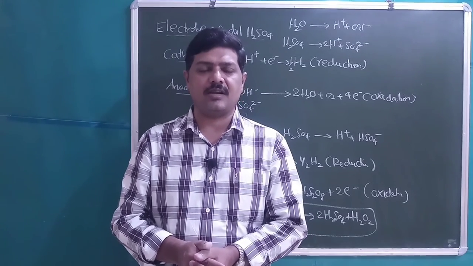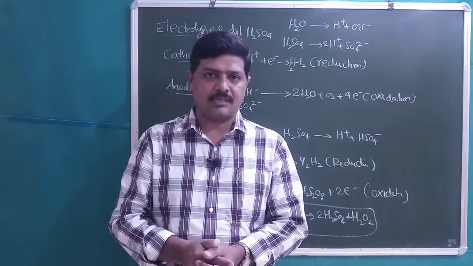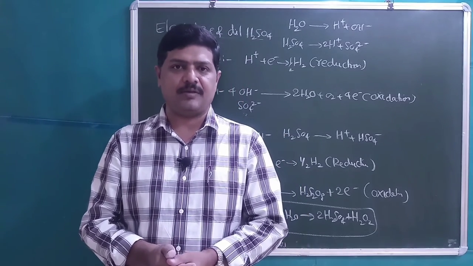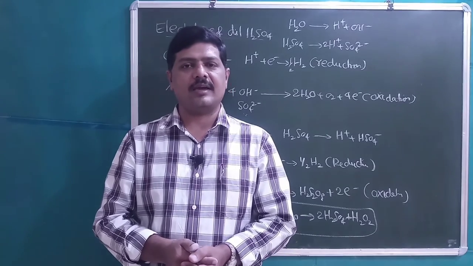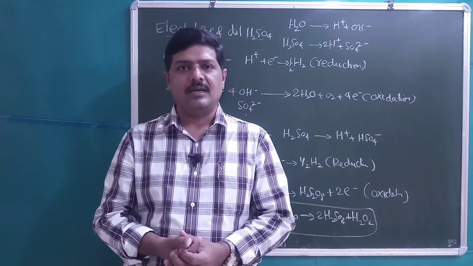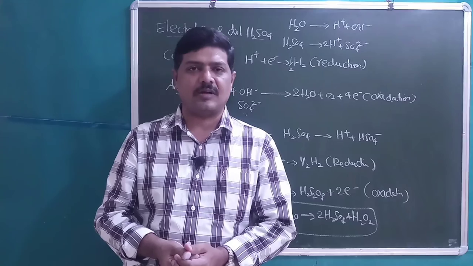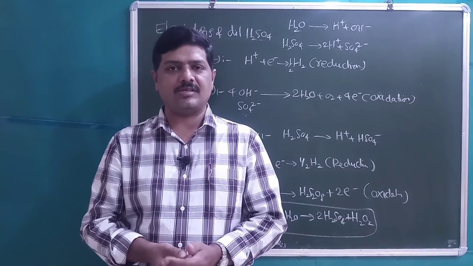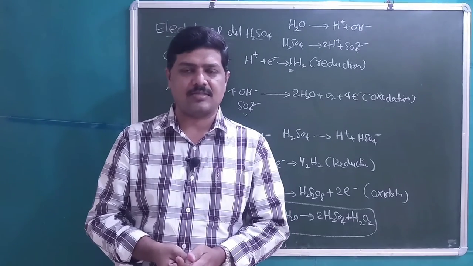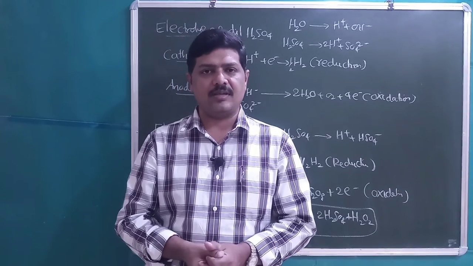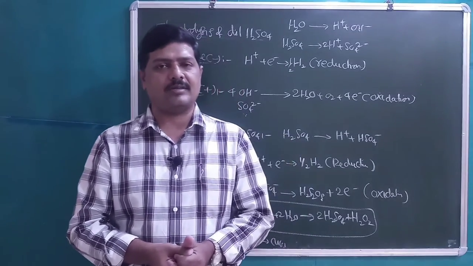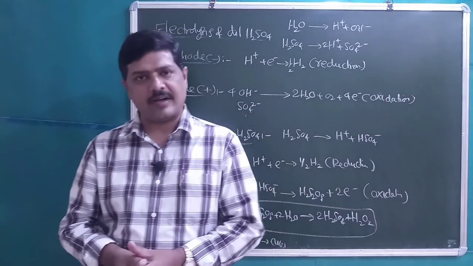The ion which requires less discharge potential will get discharged in preference to the other ion which requires more discharge potential. In the case of aqueous NaCl, if we change the electrode material to mercury, instead of hydrogen we get sodium at the cathode, because sodium has high affinity towards mercury.